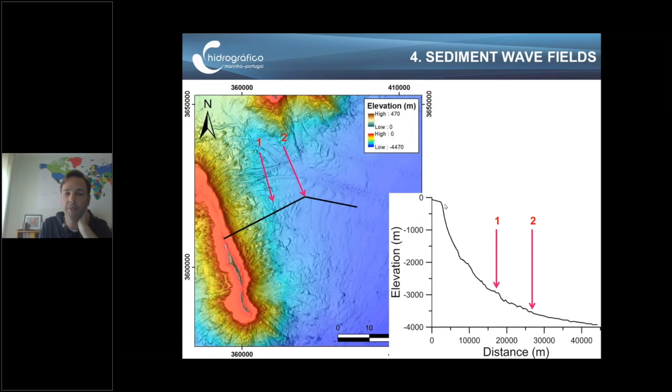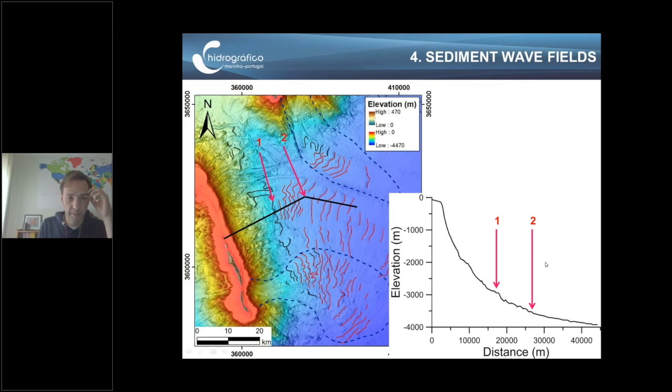So this is the shelf, this is the shelf edge. And then when the gradients start to decrease to 2 to 3 degrees, we normally have a big scour, and then the sediment wave fields. The ones with the highest wave heights, and then some smaller waves that have smaller heights but a wider wavelength.